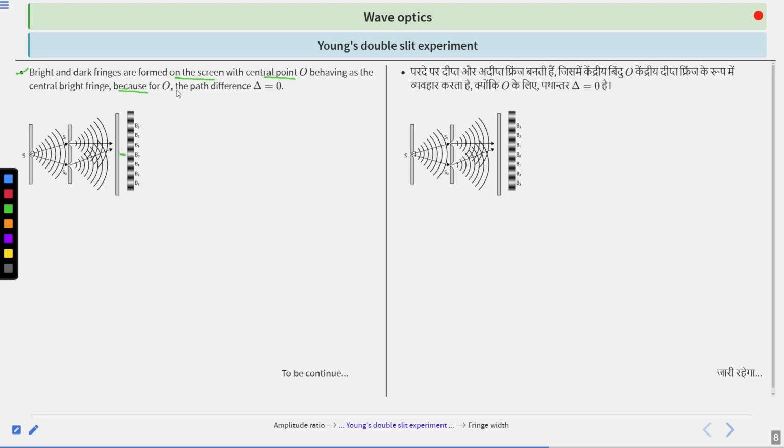For O, the path difference delta is 0. So the main point is that when both waves S1 and S2 meet at the central point, the path difference should be 0.